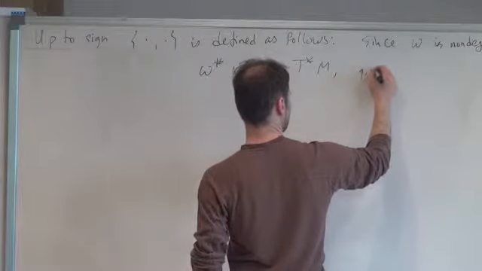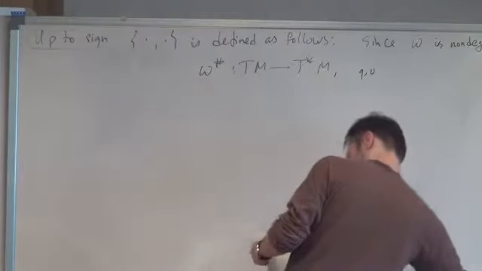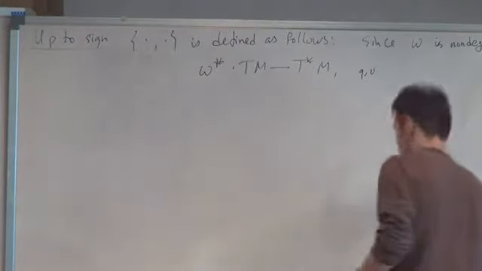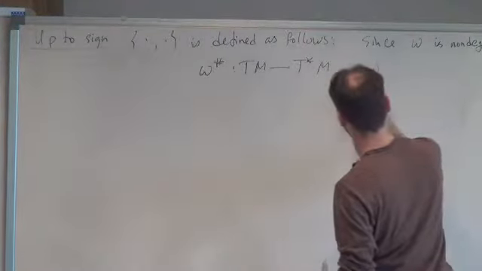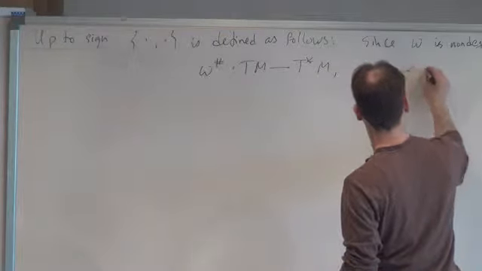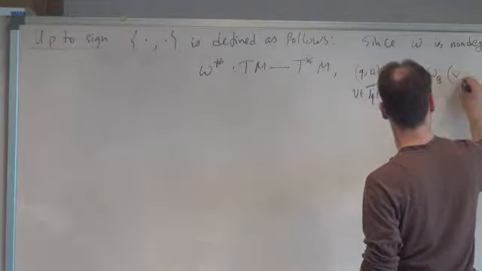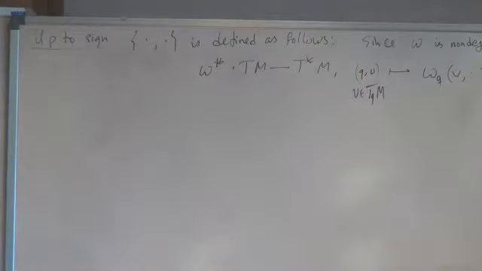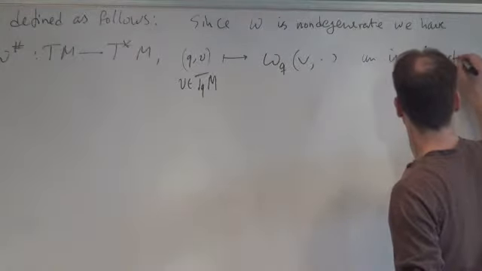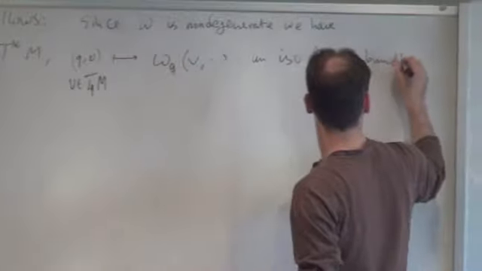It takes a point and a vector sticking out of it. I'm thinking of V as the tangent vector at some point Q, and it sends it to omega at that point Q with V plugged in. Right? And that's an isomorphism of vector bundles.